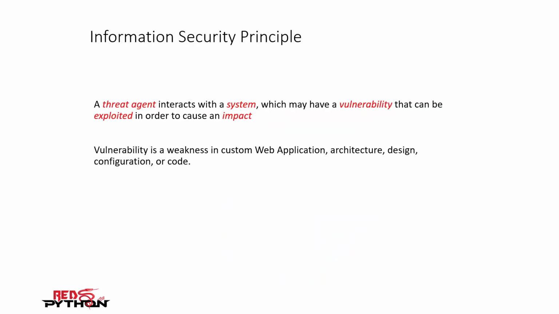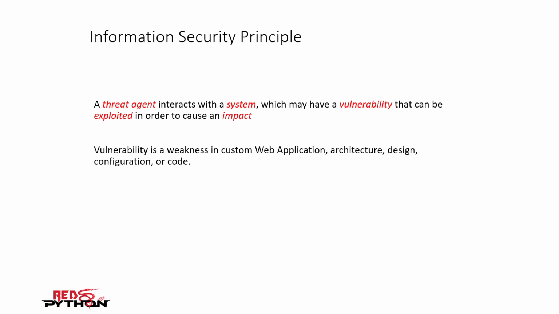I'll start with some information security principles. A threat agent is like a hacker or someone who has a malicious intent to perform something, and can interact with our system, such as a web application published over the internet. This application might have some vulnerabilities.